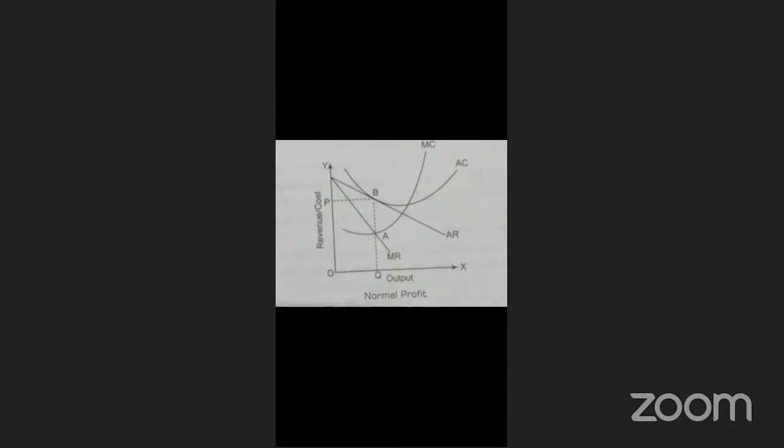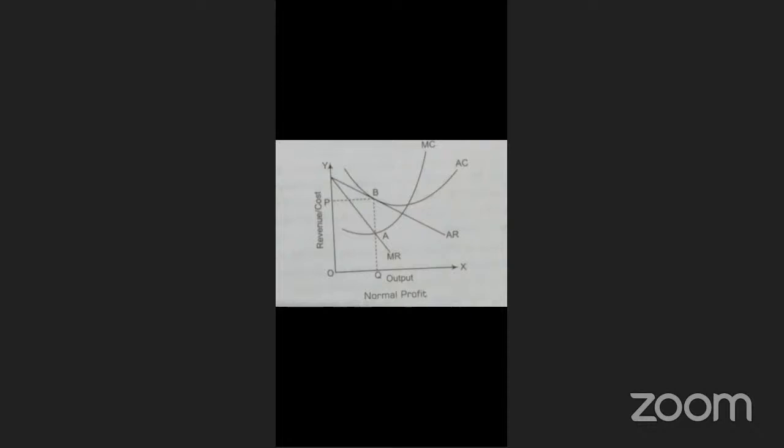Here the equilibrium point in the diagram is A, where marginal cost is equal to marginal revenue, and average revenue, AR, equals average cost.